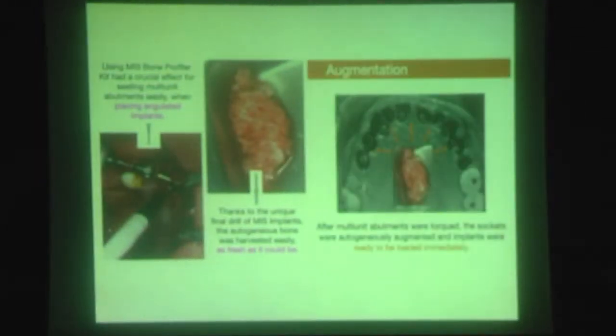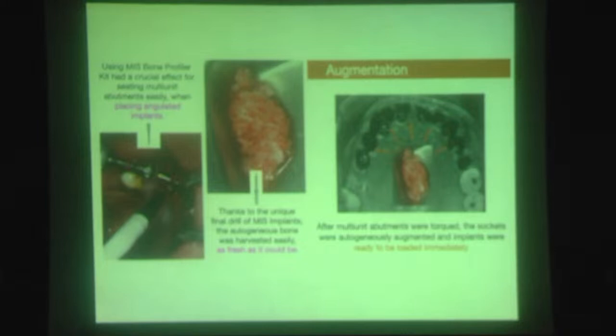The Dentsply Sirona bone profiler kit had a crucial effect for seating multi-unit abutments easily when placing the angulated abutment. Think, there is a bone and you place an implant tilted, okay? Tilted. And once it's finished, look, we have two parts of the shoulders, okay? One is embedded, the other one is a little bit higher than the bone level.